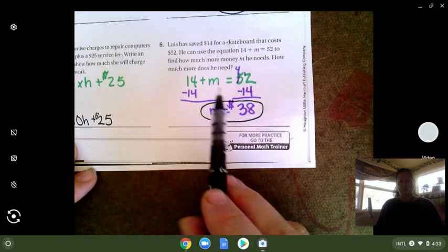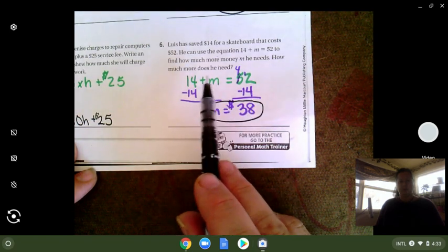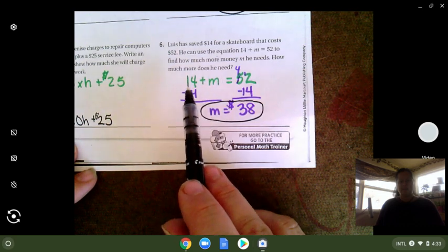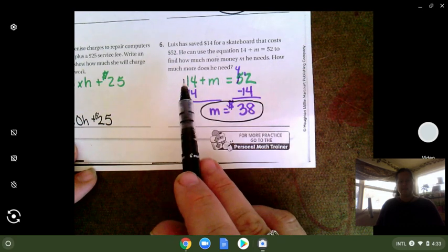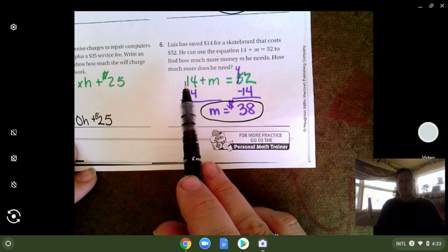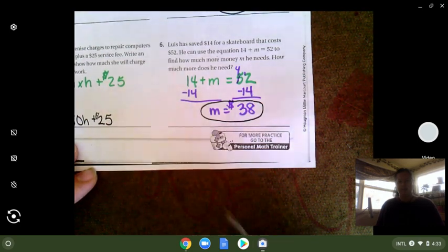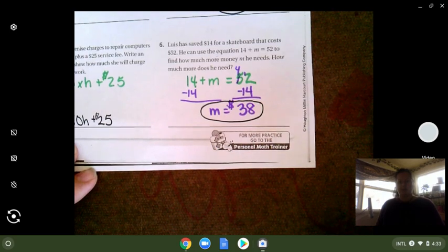So we write up that equation. We're going to isolate our variable m and get it by itself by using the inverse operation. So this is a positive 14. We do the opposite, which is minus 14 on both sides, and we get m equals $38. So he needs to earn $38 more in order to buy the skateboard.